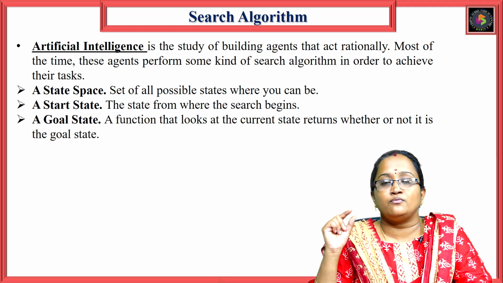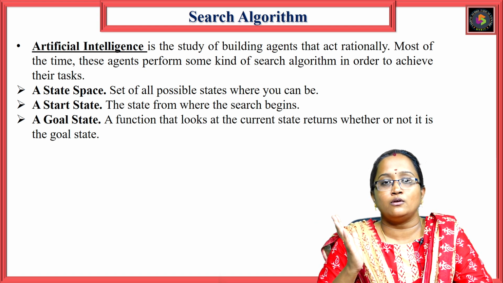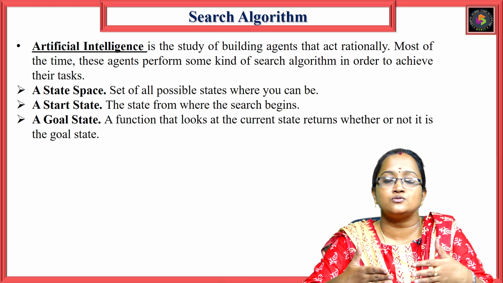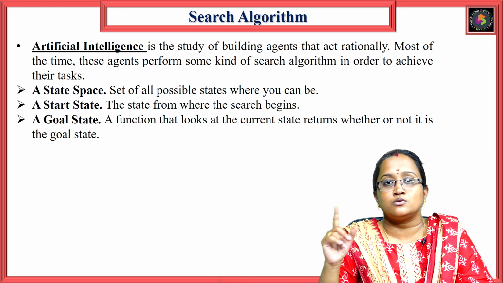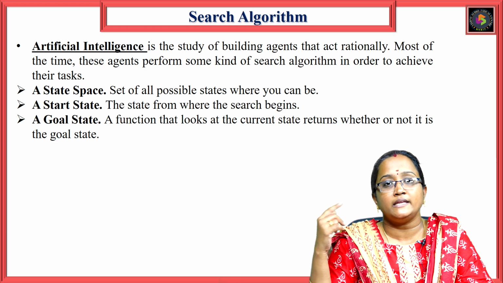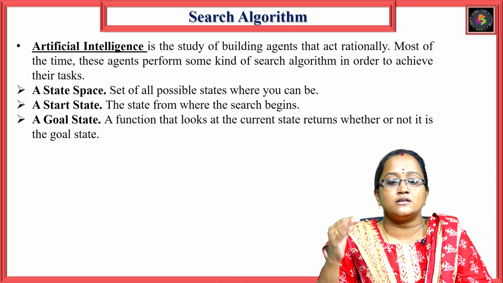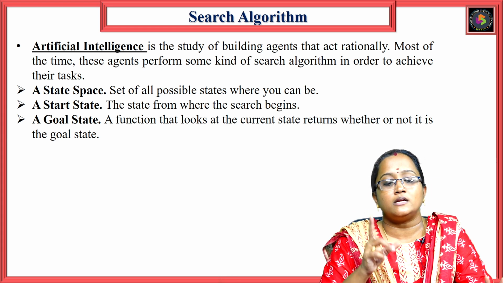Suppose you are playing a football game. First you have to take the ball and pass it to others, and finally you have to put the goal. That is our goal, our final state. Putting the goal is the final state. The start state is the beginning, where you start the game.